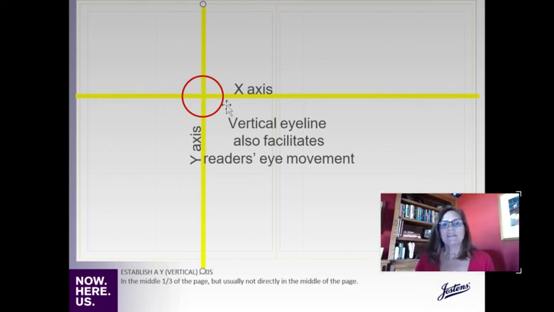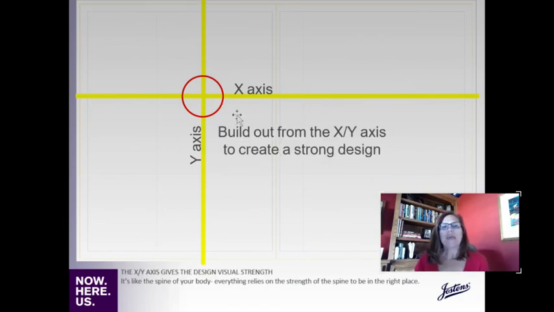That XY axis creates dominance. So in this area, you're going to have whatever is your dominant storytelling package for your spread. You want to build out from that XY axis, like I just said, to create a really strong design. And you want to think about having at least 4 storytelling packages on your spread.